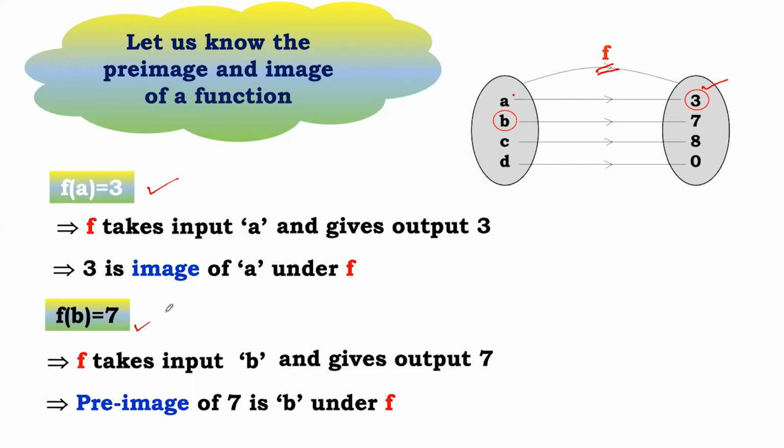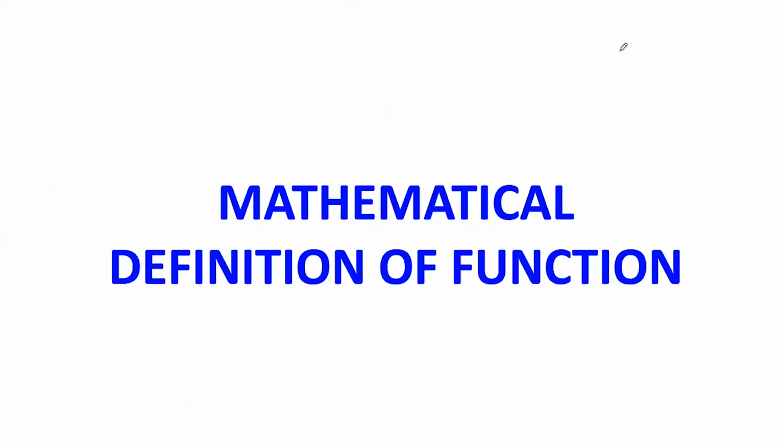Similarly, if I'm saying f(b) = 7, we can say this 7 is the image of b under the function f. And one more terminology is there, the pre-image, the reverse of this. The pre-image of 7 is b under the function f, right?